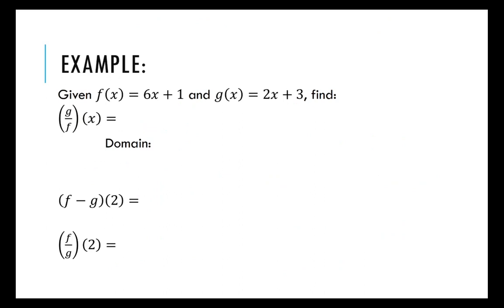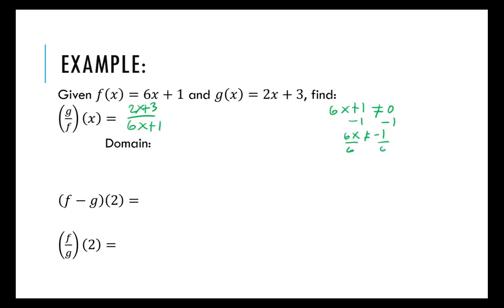Continuing the same trend, but now I have g divided by f. g divided by f is 2x plus 3 divided by 6x plus 1. But now I have to figure out what can't be plugged into f of x because I need it to not be 0. So 6x plus 1 can't equal 0 this time. And so minus 1, 6x cannot equal negative 1.